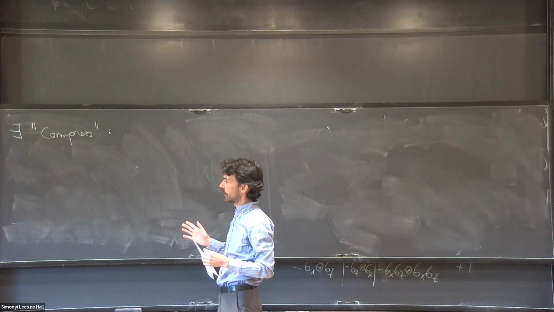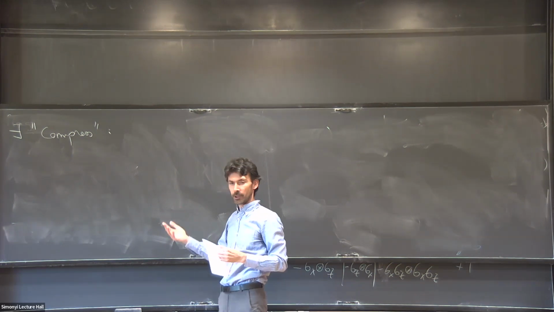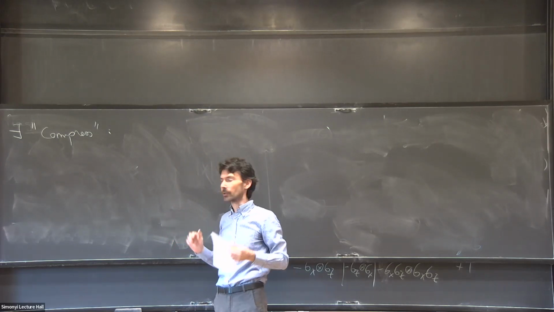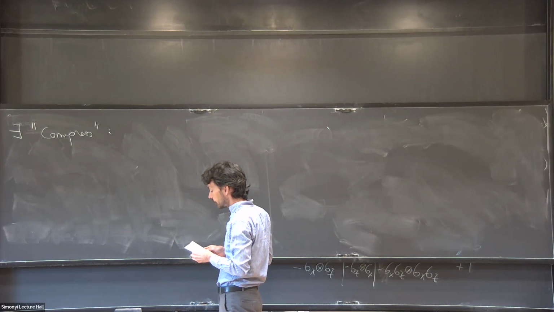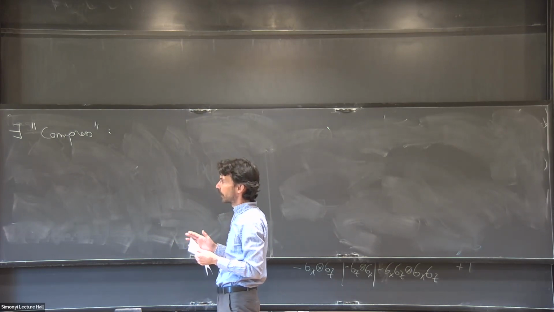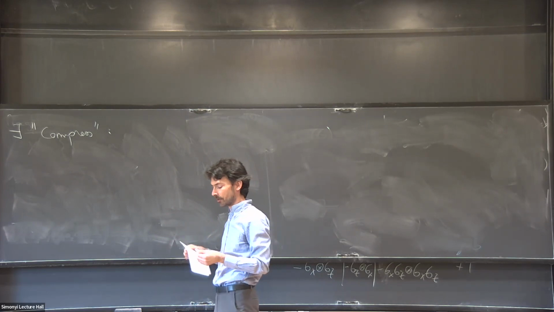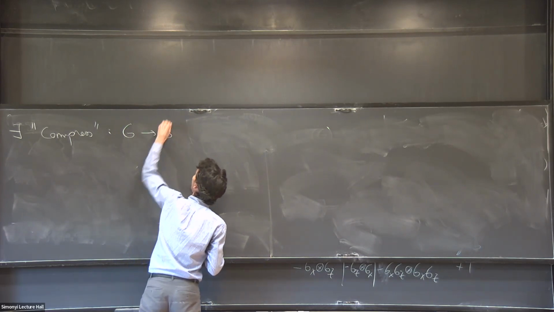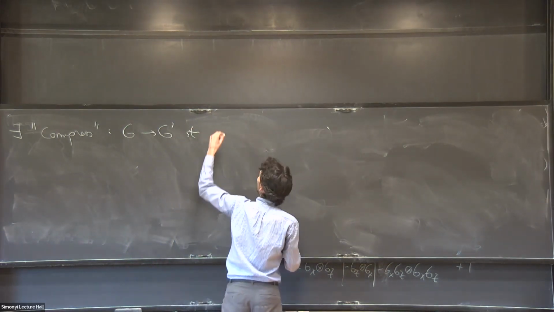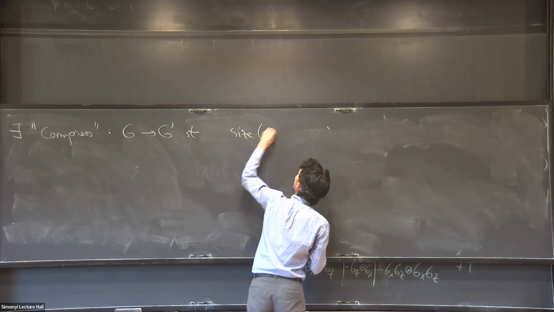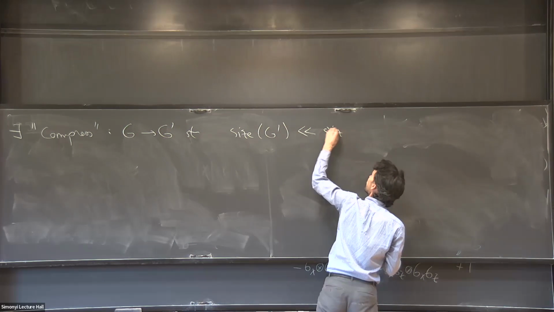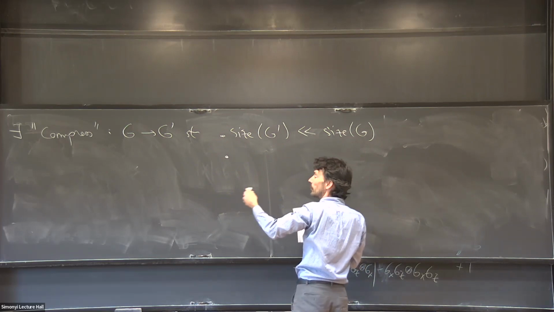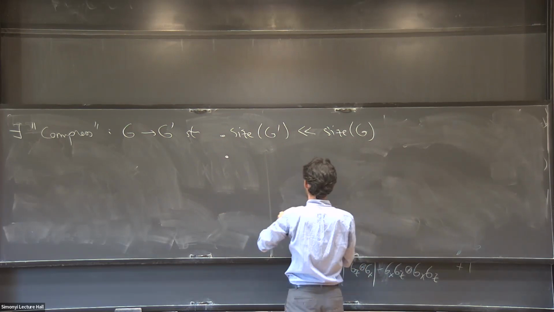I didn't tell you how I measure the size of a game. Ultimately, we'll need fine-grained notions of size, but for now, just think of the size of a game as the number of questions plus the number of answers. So we're going to reduce the size of the game while maintaining its properties. It transforms games G to G prime such that the size of G prime is much smaller than the size of G. Another important point is that it's going to preserve whether the game had a perfect winning strategy or not.